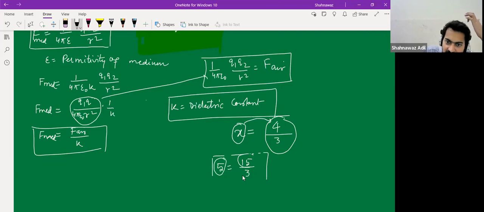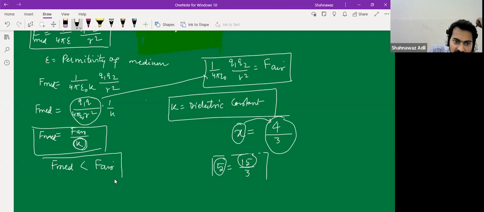Whenever you divide with something, the result or the number gets reduced, the value gets reduced. So you are dividing with this K, so this F medium would be lesser than this F air. Now, do you understand this part?